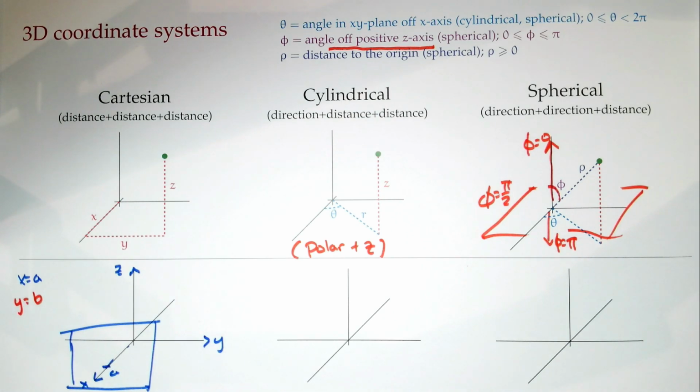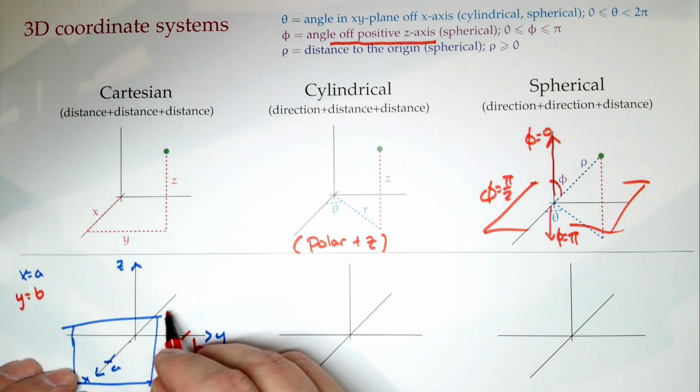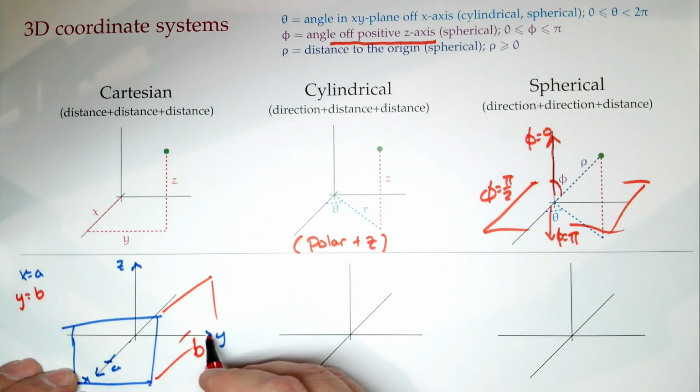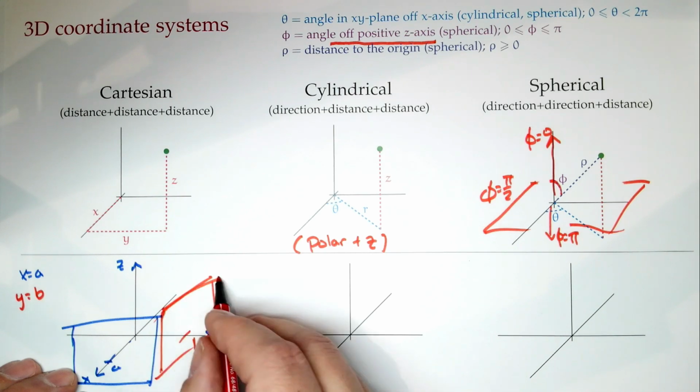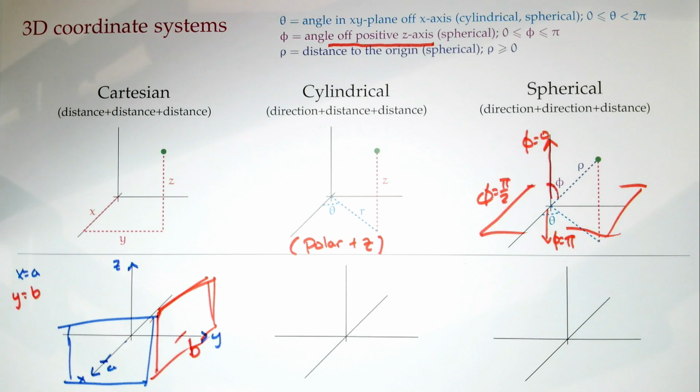Then what do I see? I still see a plane. But now I go out in the y direction to some distance b, and I look at all the points which have value b. Well, by process of elimination, you can probably guess what's coming up next. The z coordinate. What happens there?